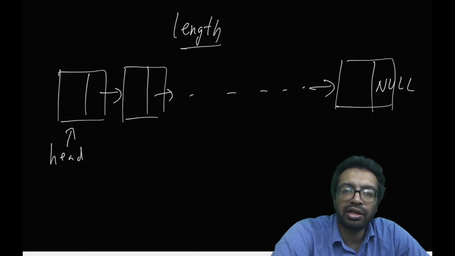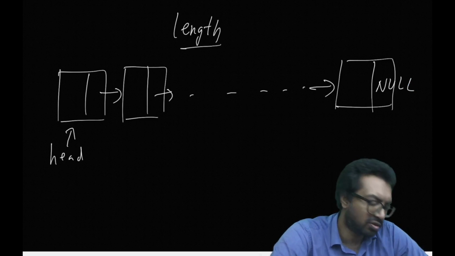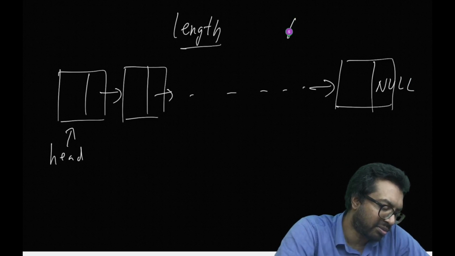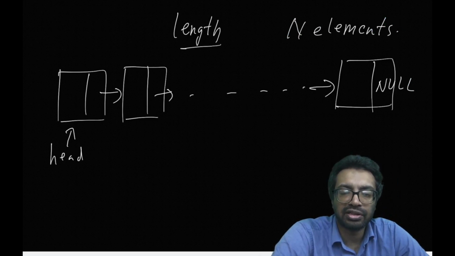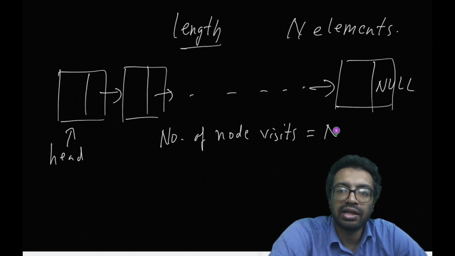Now you should tell me how much time it takes. Again, we are going to assume n elements. If there are n elements in this list, how much time does it take to find out the length? Time in this case means how many nodes did we visit. The answer is n.